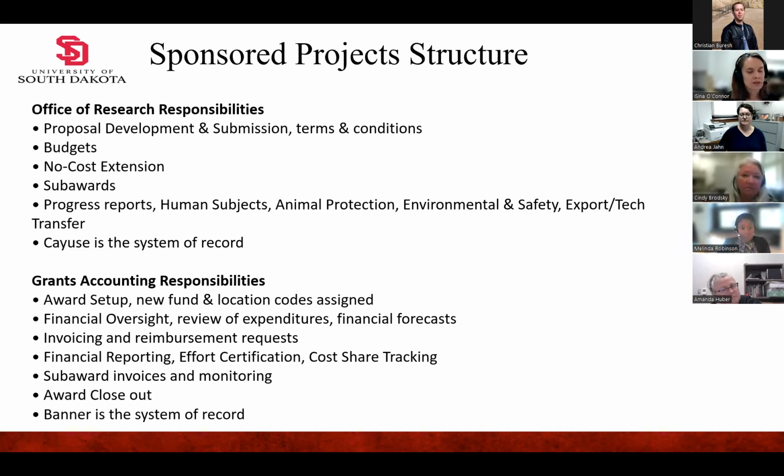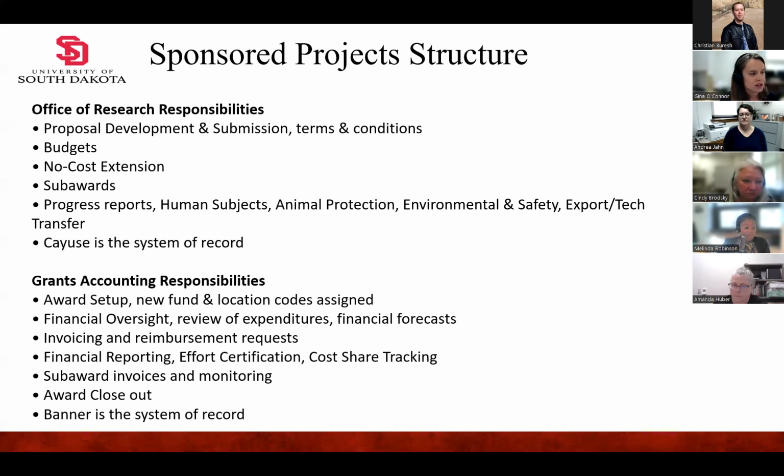It's always nice when PIs email us and ask us just to verify that they qualify for a particular opportunity before they put a lot of work into it. So we do spend a lot of time looking at the specific terms and conditions of each request for proposal. We work a lot with budget creation as well. We have a template that we use, and we're happy to guide folks through that.